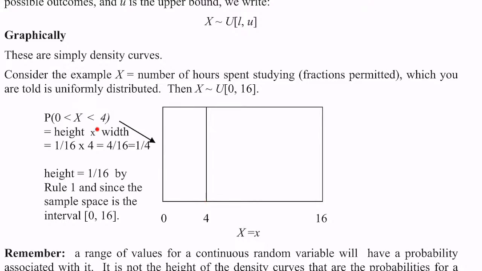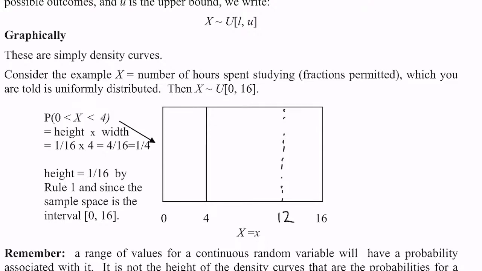This looks similar to a normal distribution question, but this is a different kind of distribution defined by this uniform. So the chance of being between 0 and 4 will be the same as the chance of being between 12 and 16.